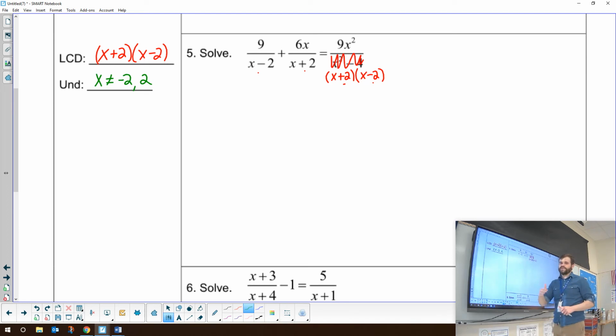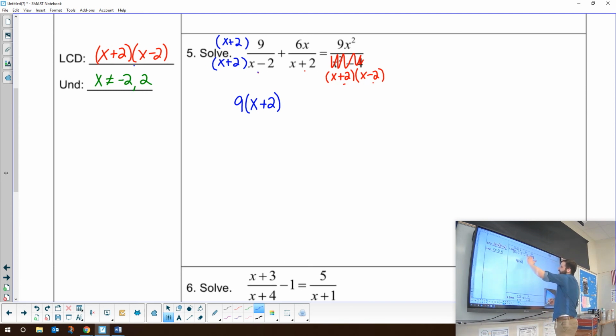Okay, then what we're going to do is find my common denominator, and now we're just going to multiply by what we need to get to that point. So to get x minus 2 to that common denominator, I have to multiply by x plus 2. So we're going to multiply by x plus 2 to the top as well. So we're going to go 9 times x plus 2. Same thing's true here.